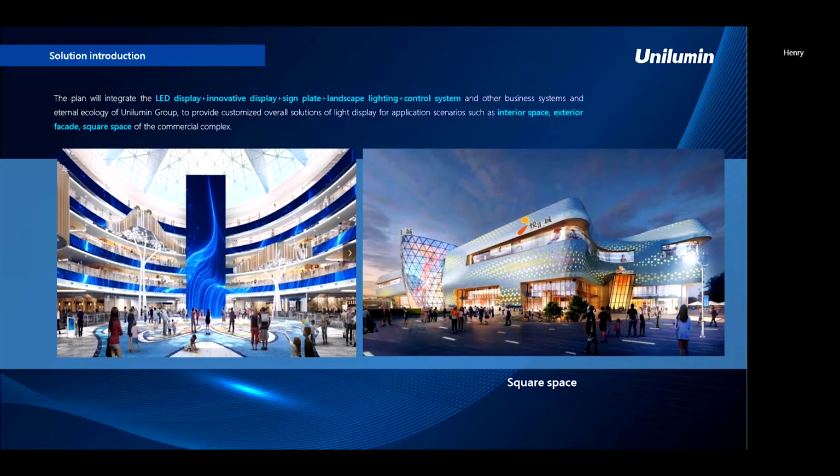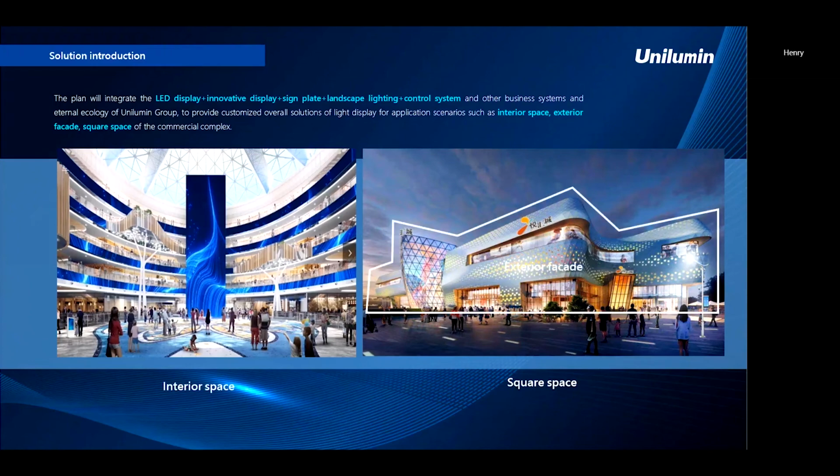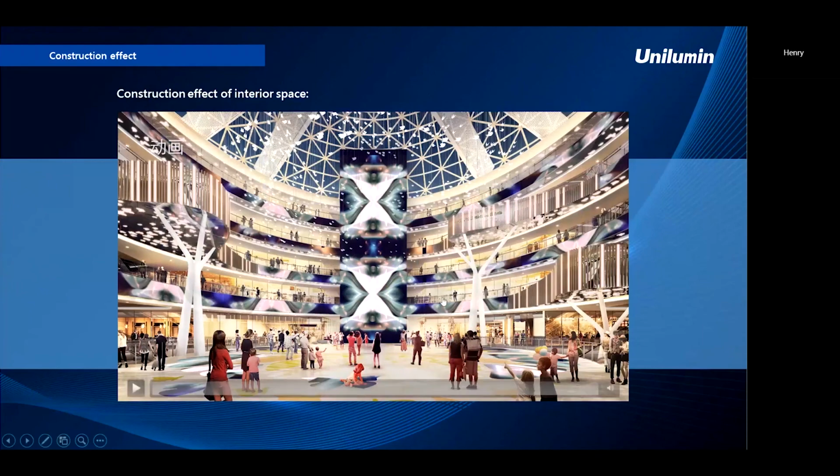The plan will integrate LED display and innovative display and sign plate and landscape lighting and the control system and other business systems and internal ecology of Unilumin Group to provide customized overall solutions of light display for application scenarios such as interior space, exterior facade, square space, and other commercial complex. Here is a video to show the effect.